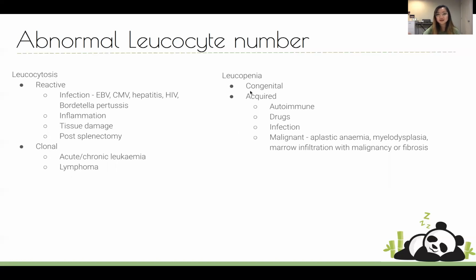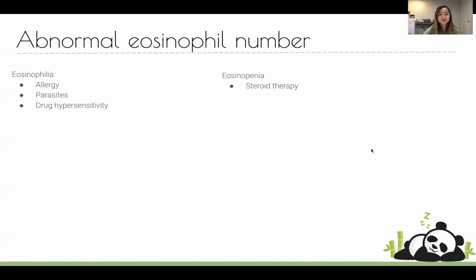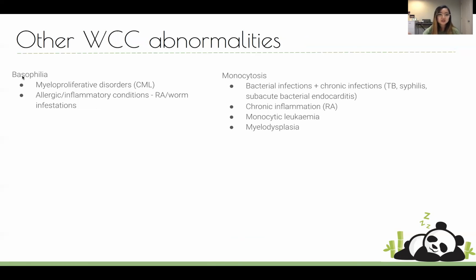Leukopenia can be congenital or acquired, like autoimmune diseases, drugs, infection, or malignancy, like aplastic anemia and myelodysplasia. For abnormal eosinophil number, you have more when you're having an allergic reaction or you have parasites, because that's what they're used for. Eosinopenia, so fewer eosinophils, may be due to steroid therapy. Steroids immunosuppress, so they actually bring down the number of all your white cells. Basophilia can happen in things like CML, which we'll talk about later, and other allergic or inflammatory conditions.